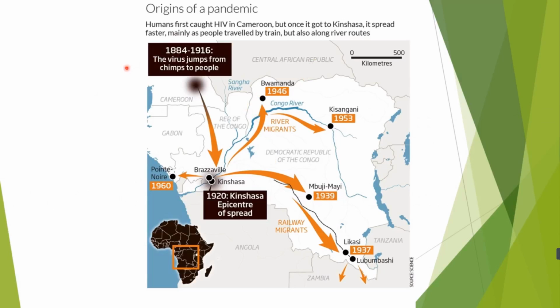Back to the story about the origin of the pandemic. We stated earlier that this disease first started in southeast Cameroon in a very, very specific type of chimpanzee. In reality, it's almost what we call an island effect. Why? Because these chimps were contained within a very small area of southeast Cameroon.